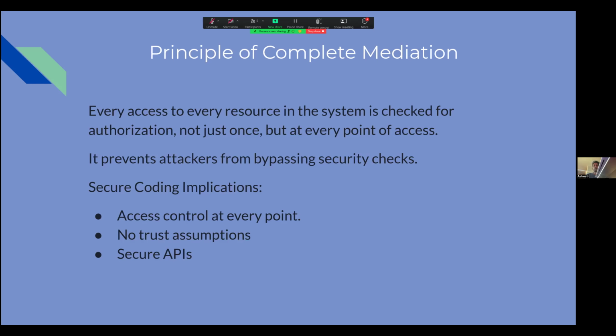Complete mediation gives you more control over the different states and interactions in your program to make it more secure. I think that's the gist about complete mediation.